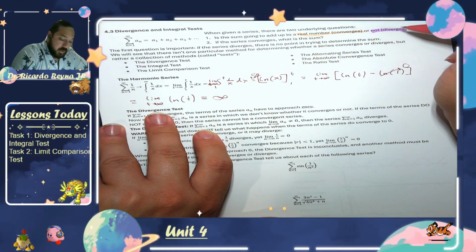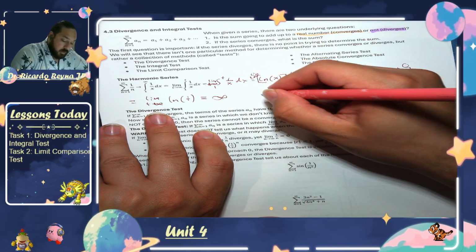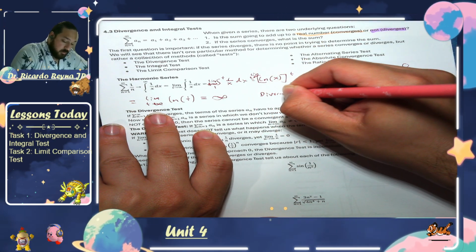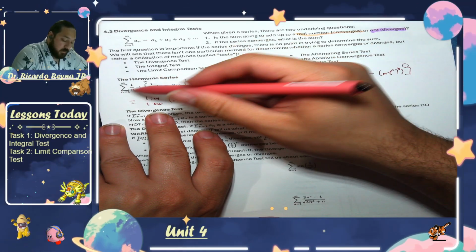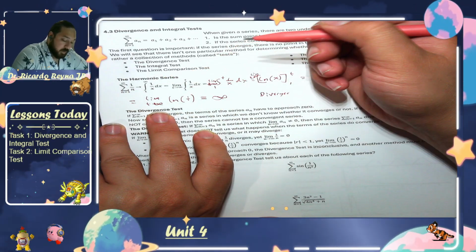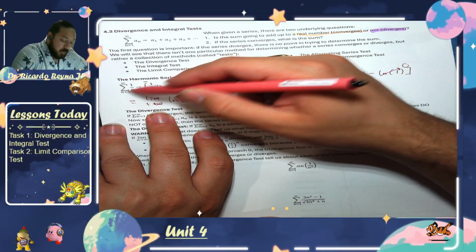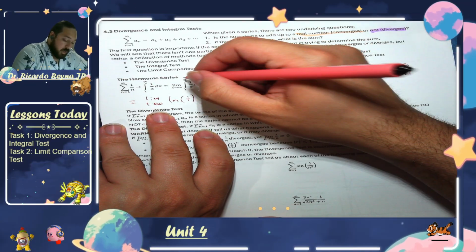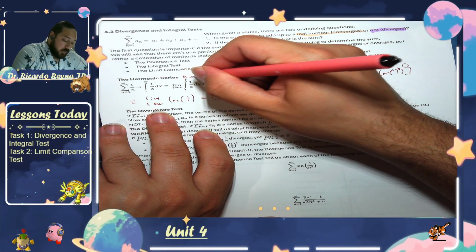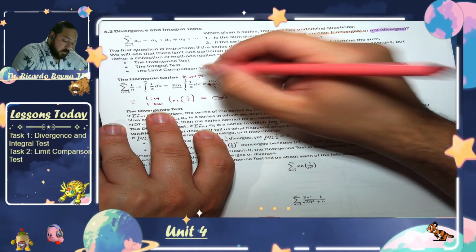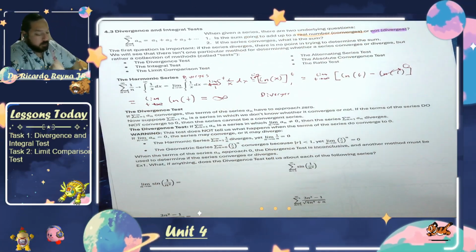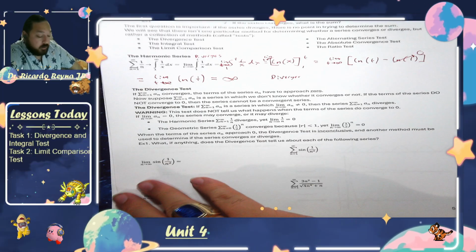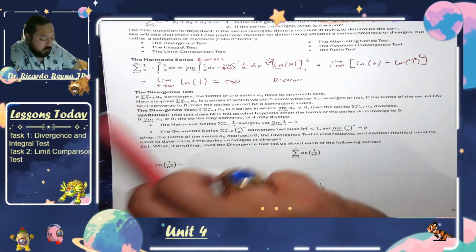So it does not add up to a real number, so this diverges. And if you see a pattern like this with the harmonic series, or a notation like this, where it's the sum of fractions, that is a divergent series.